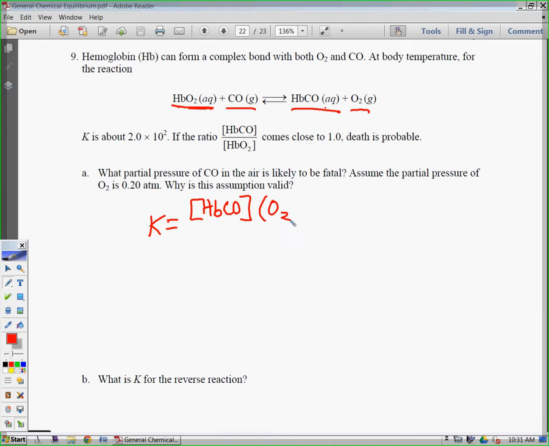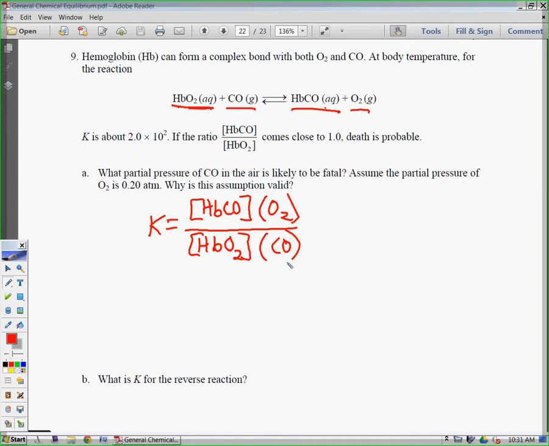I'm using parentheses because the oxygen is in the gas phase, so we're going to use atmospheres for that instead of molarity, over the oxyhemoglobin, which is the reactant, times the carbon monoxide, which is also the reactant.